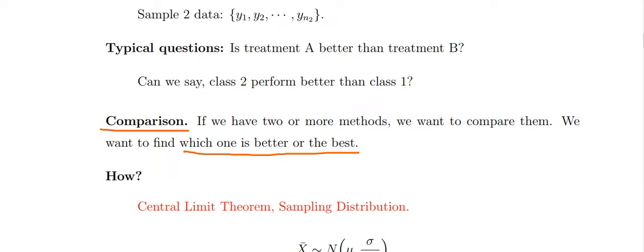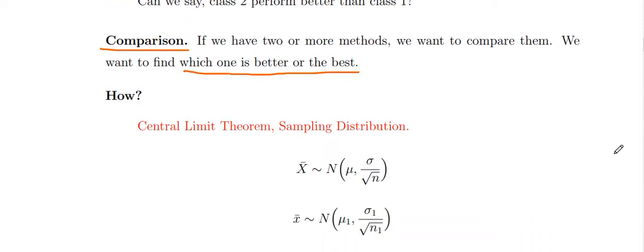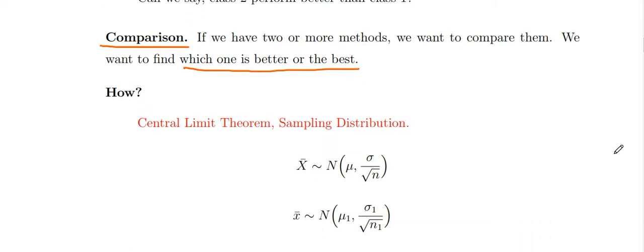The theoretical foundation is again essentially the limit theorem, or sampling distribution. x bar follows this normal distribution. This is very, very important, because if we know something follows a normal distribution, we can do many things: we can find probabilities and get information.